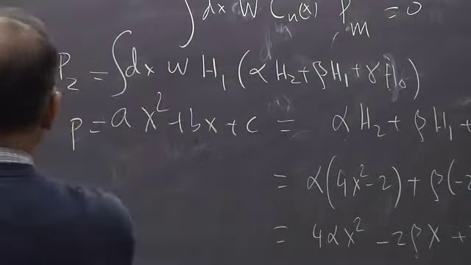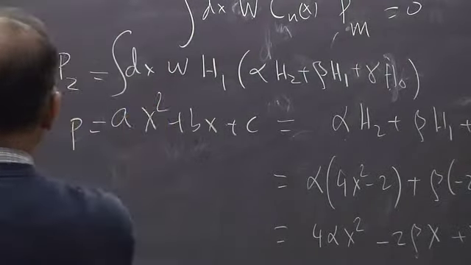if you take the integral dx w, Cn times a polynomial of degree m, where m is less than n, then this is true. Why?